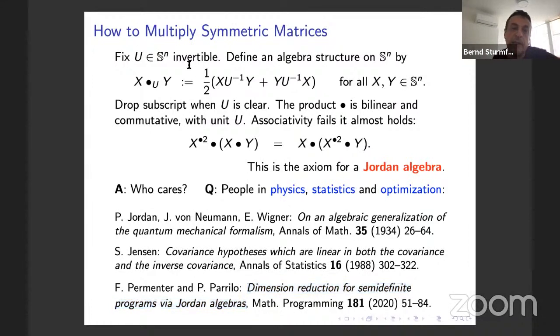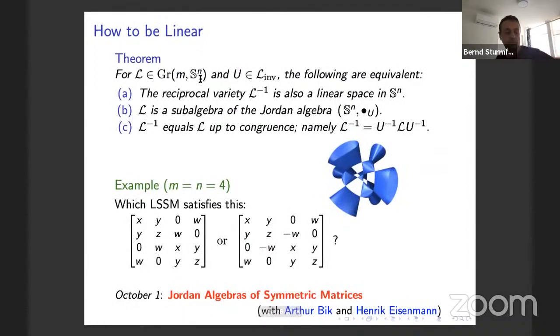So we see that this weird product, the Jordan algebra, is not just a weird thing, but people use this in all kinds of contexts. One theorem that we proved in our paper is the following. Given an LSSM, a point in our Grassmannian, and given an invertible matrix in L, the following three conditions are equivalent.